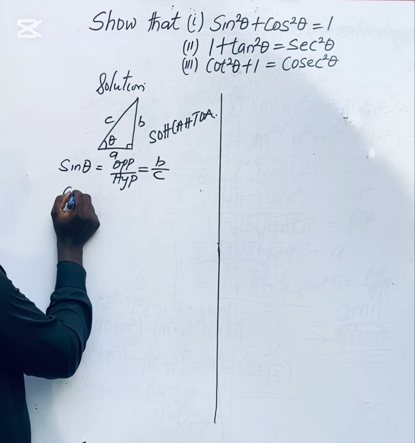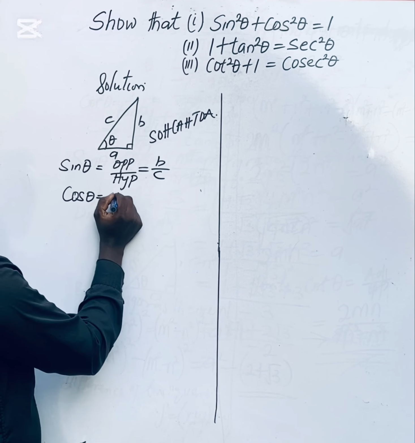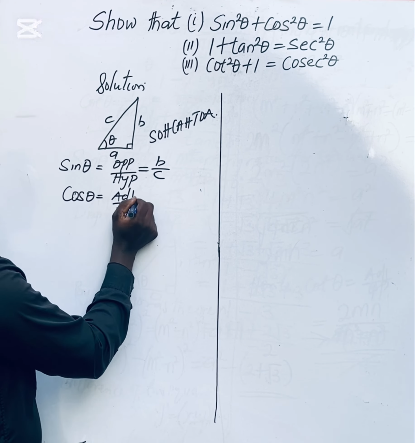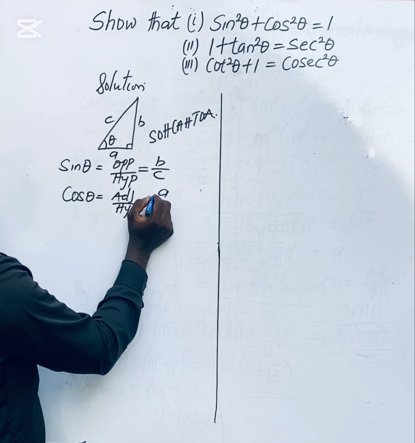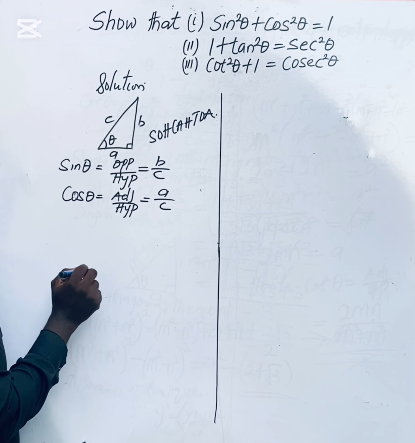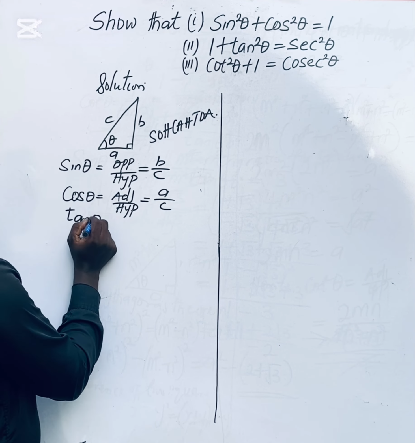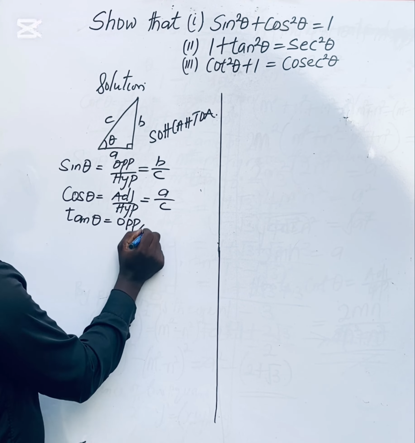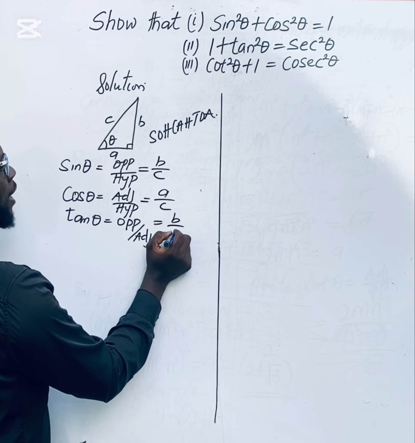So the next is cos theta, what? Adjacent over hypotenuse. Okay? Adjacent is A and hypotenuse is C. So the next is tan theta, which is opposite over adjacent. As you can see, opposite over adjacent. Opposite is B over A.